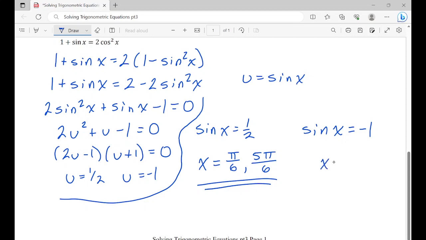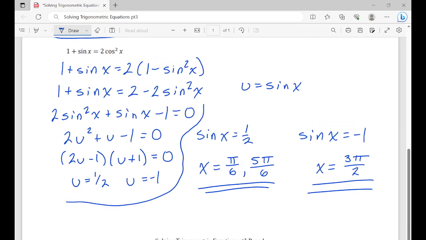On the unit circle, you will find that it only equals negative 1 at one spot. On the y-axis, between quadrants 3 and 4, at 3 pi over 2. So the solutions to this trig equation are pi over 6, 5 pi over 6, and 3 pi over 2.